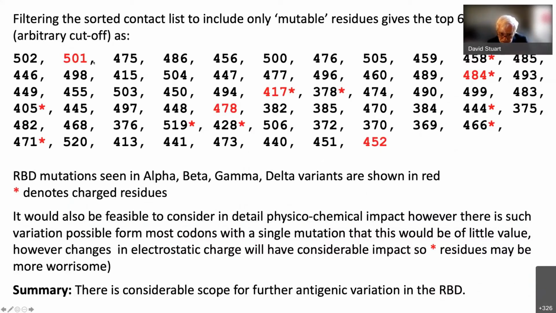And you'll see within this list, all 5 of the existing variants come up. But the thing that's interesting is that there is a large number of other variants that have not resulted in viable variants of concern to date, which may still be worth worrying about in the future.